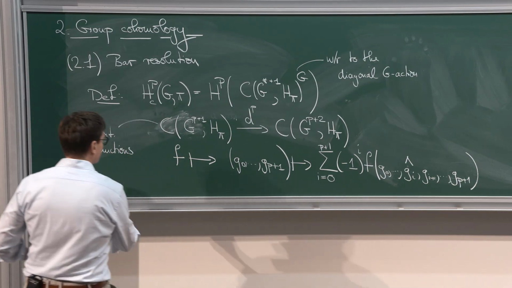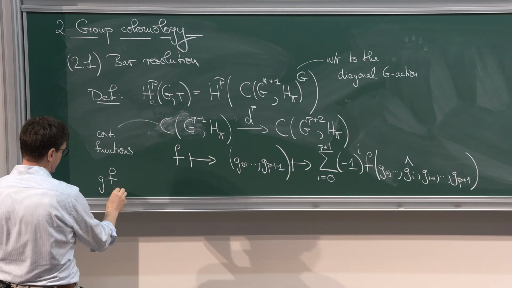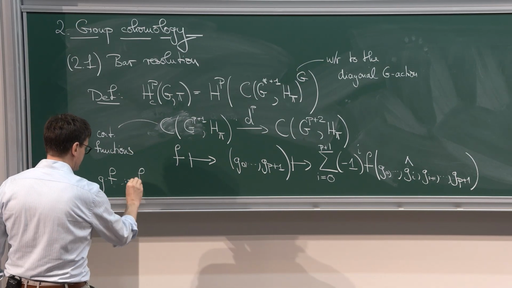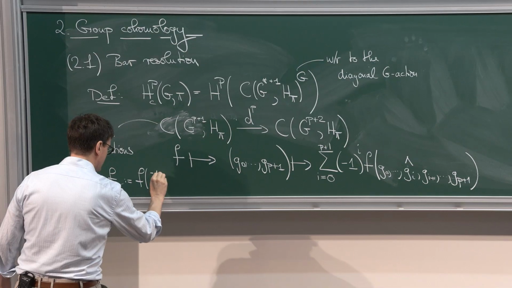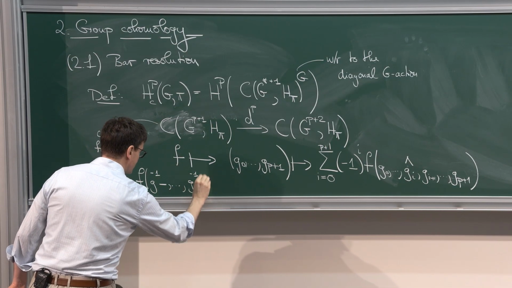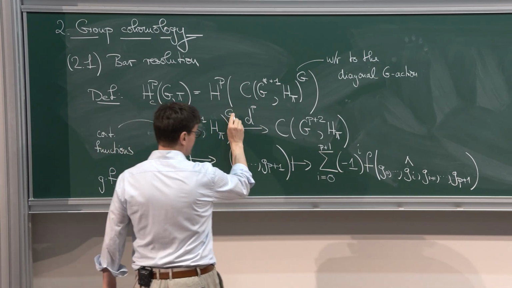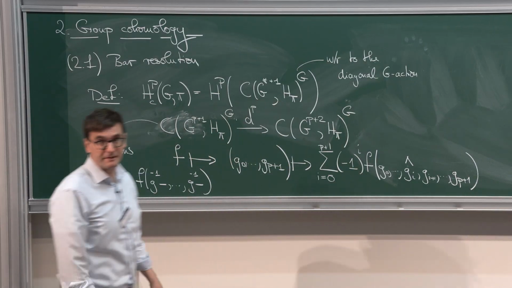If you have a function, you get a new function by the group action. Maybe I write it. So what's this function? By definition, it's this function. That's the group action, and this differential then descends also to the invariants.